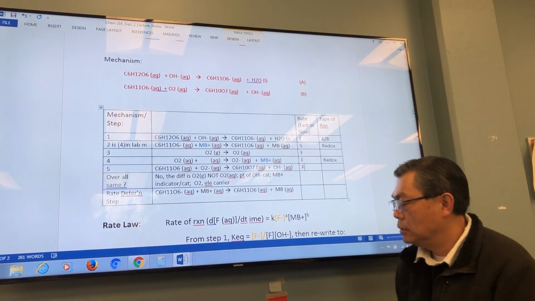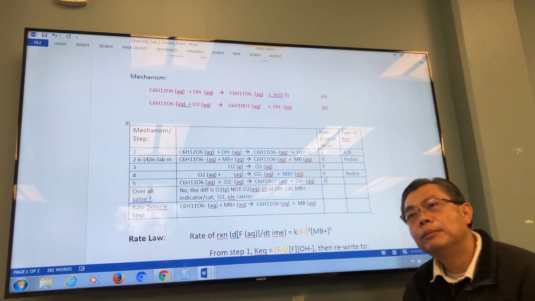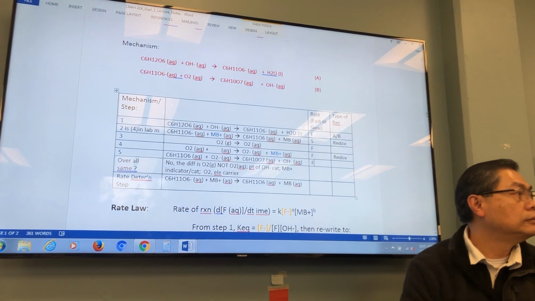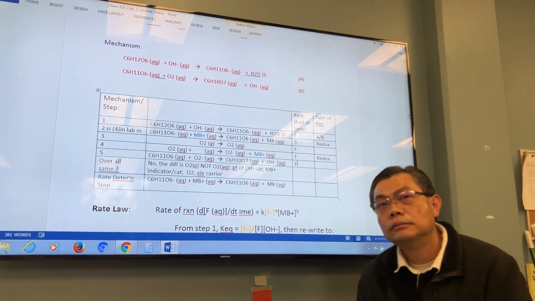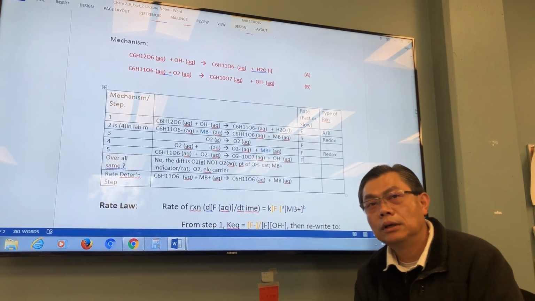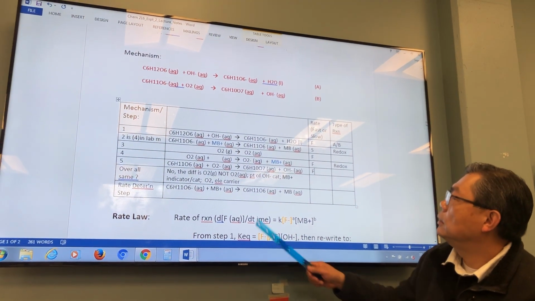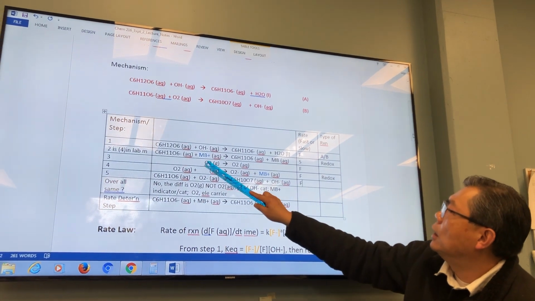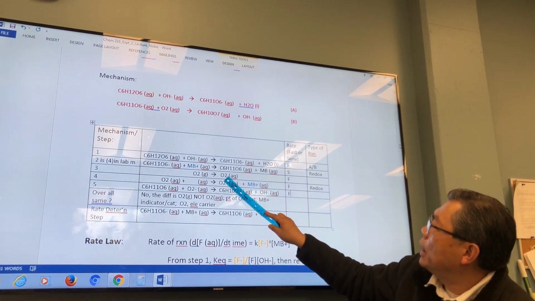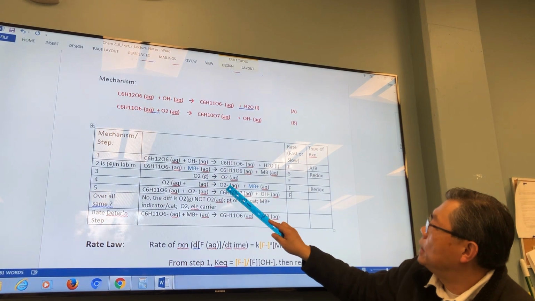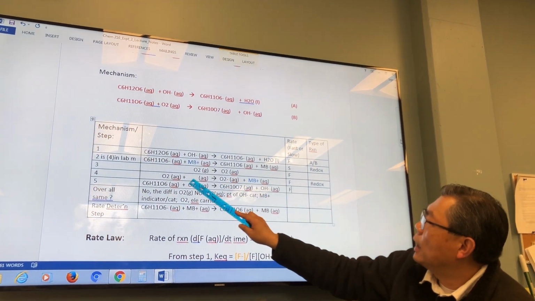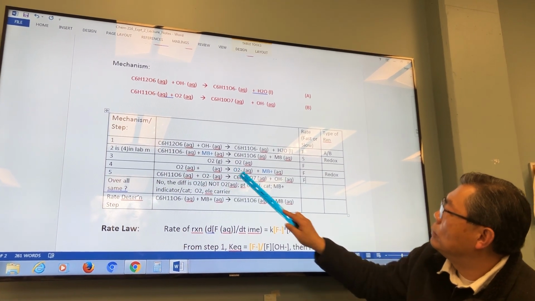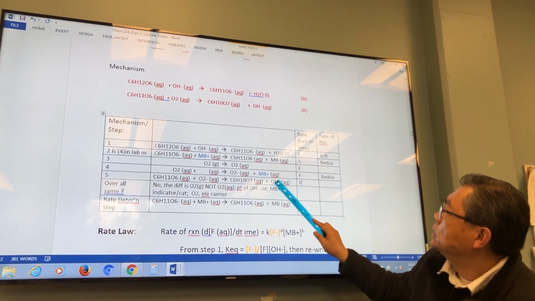What about oxygen? The molecular oxygen. What is the molecular oxygen? So that's the electron carrier. You take a look at the oxygen gas, it becomes aqueous, and the aqueous becomes the anion, and then gets the electron transferred over.